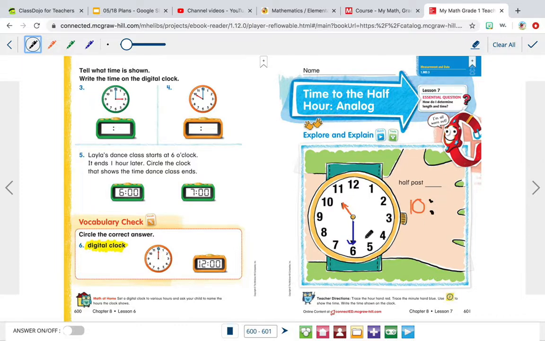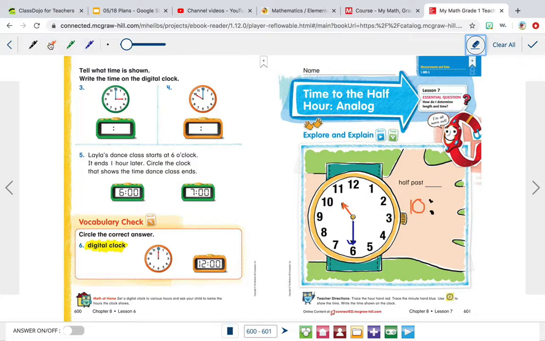If you look here, this minute hand is halfway through the circle. Because if it started here and went all the way around, it's halfway done. It just needs the other half to get back to the 12. You see that? So it's halfway done.